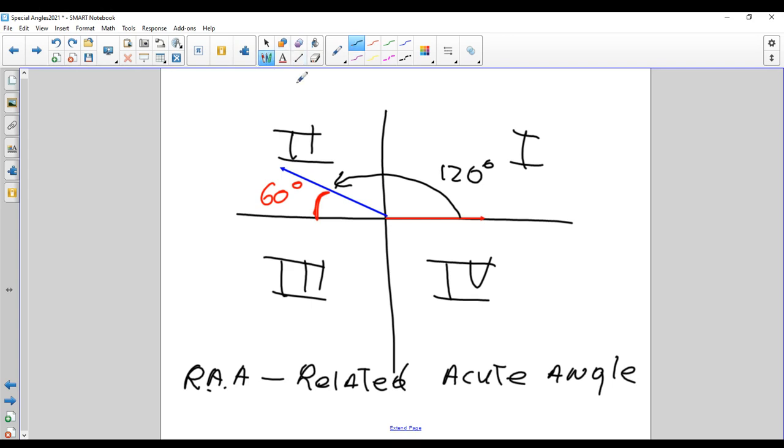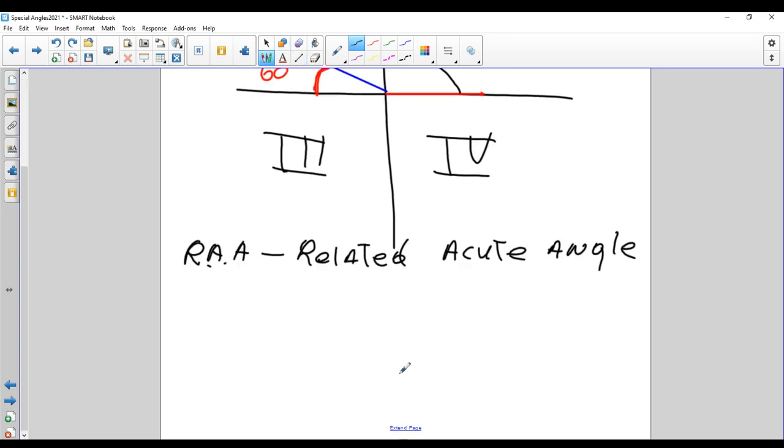Since 120 degrees is related to 60 degrees, we're going to use 60 degrees for our answers.